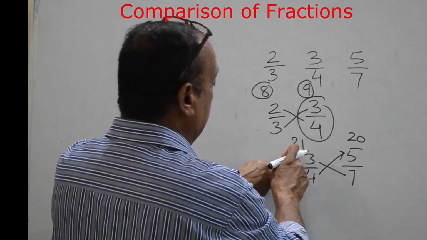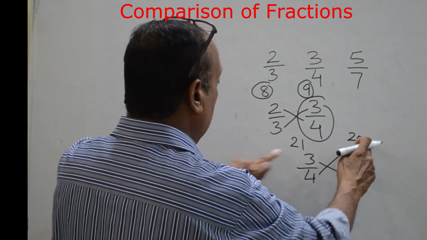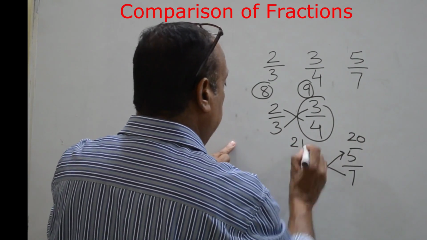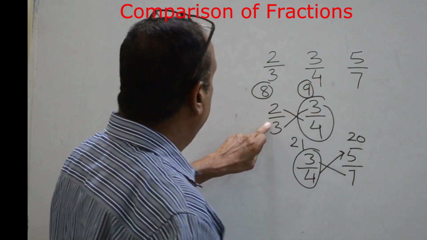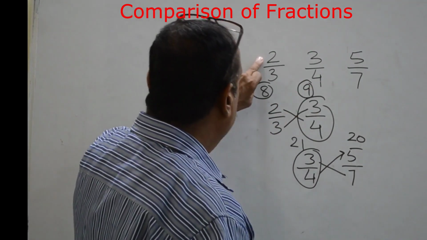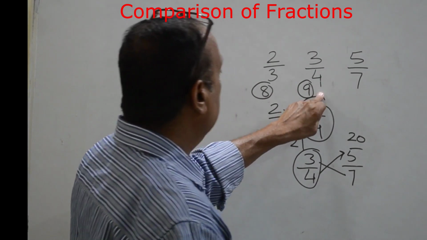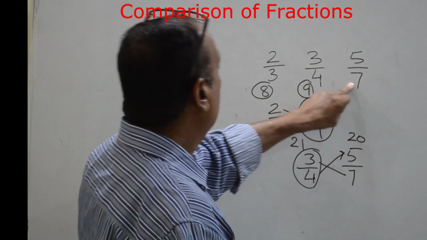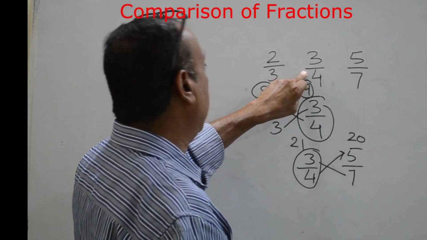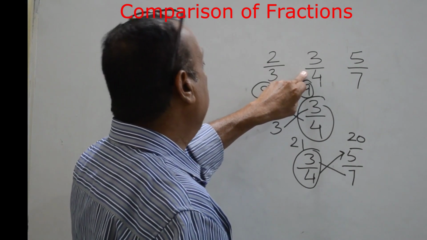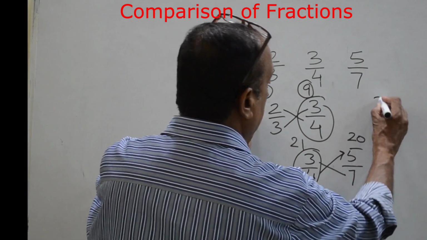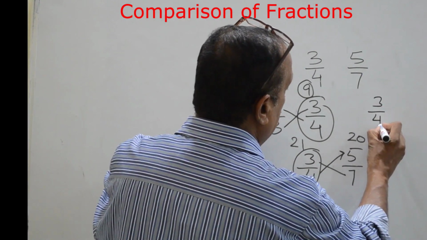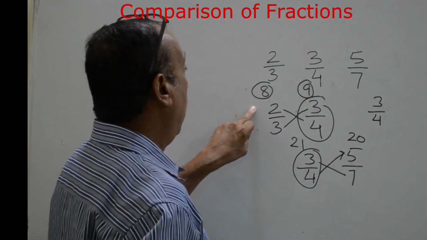As 21 is bigger than 20, 3 upon 4 is bigger than 5 upon 7. 3 upon 4 is bigger than 2 upon 3, and 3 upon 4 is bigger than 5 upon 7. So the second fraction, 3 upon 4, is the biggest of all these three. So our answer is 3 upon 4 is the biggest fraction.